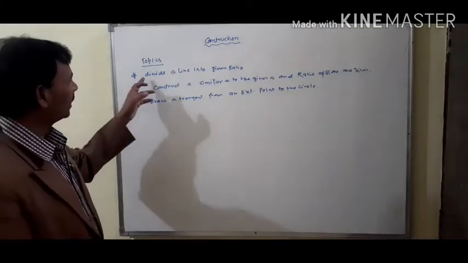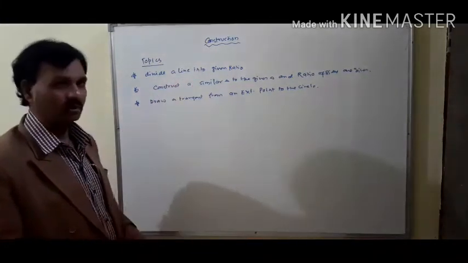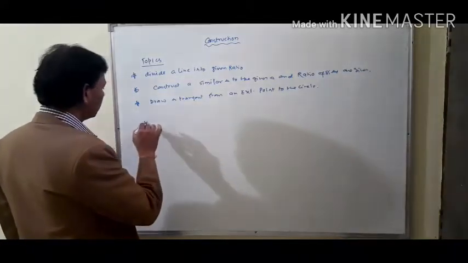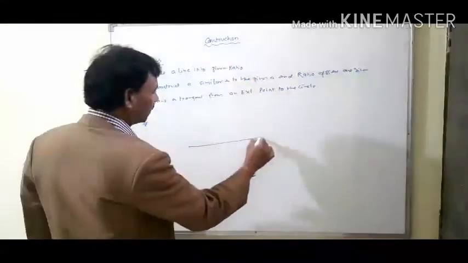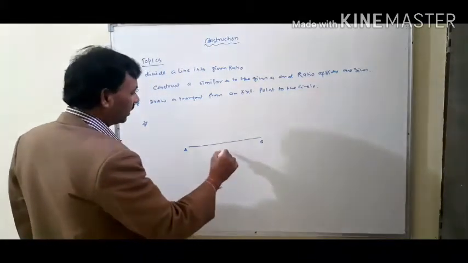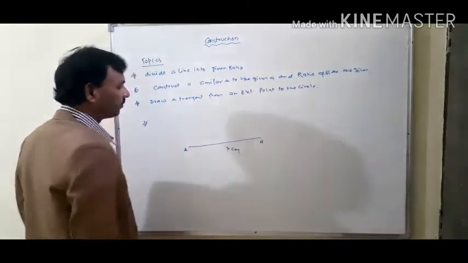First, divide a line into a given ratio. Suppose a line which is AB and the length of this line is 7 centimeter.